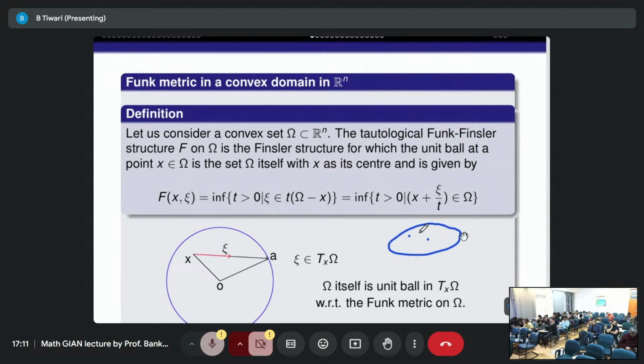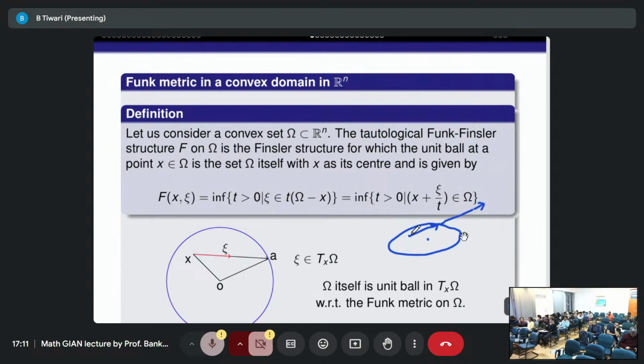In this way you can have a notion of norm in every tangent space. If you know the unit ball in a tangent space, you can talk about the norm. For example, suppose this is my unit vector and you want to measure the length of this vector. If this is 2 times the unit vector, the length of this vector is 2.